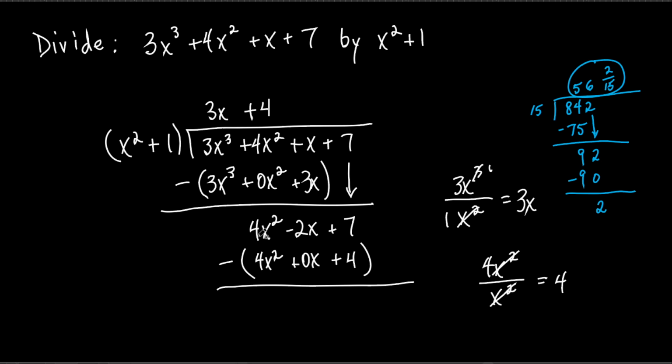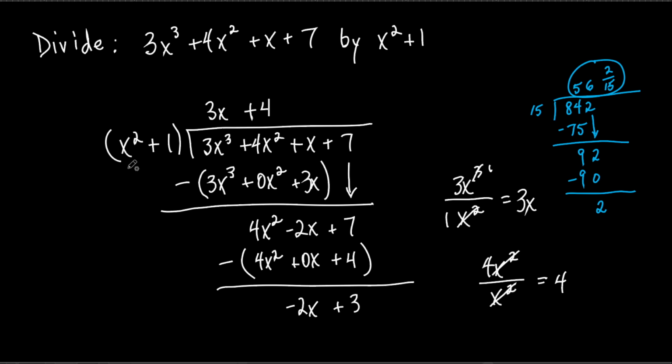All right. So 4x squared minus 4x squared, that's 0. I don't even need to put that down. All right. What about this one? Negative 2x minus 0. It's just negative 2x, right? Now watch carefully. It's 7 minus 4. 7 minus 4 is 3, plus 3.